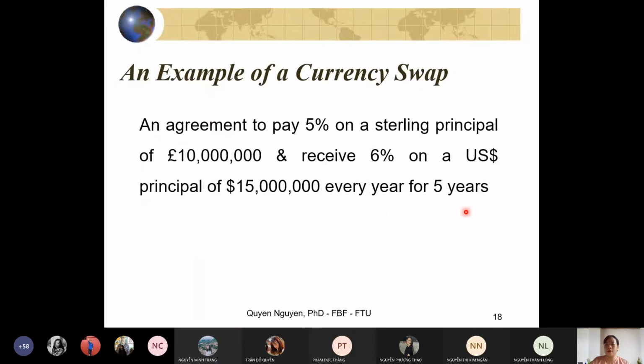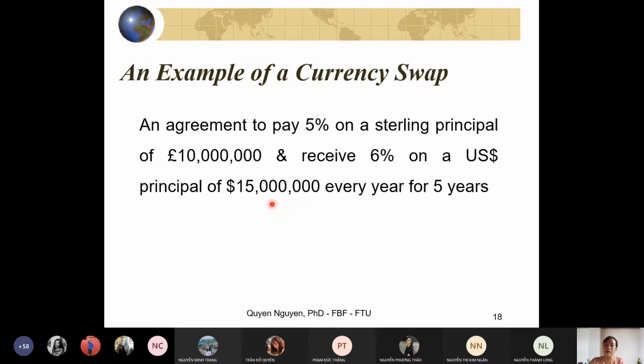This is the example. So unlike interest rate swap, we understand that the principal means that we do not exchange the money. We only use the principal to calculate the cash flow based on the floating interest rate and the fixed interest rate.